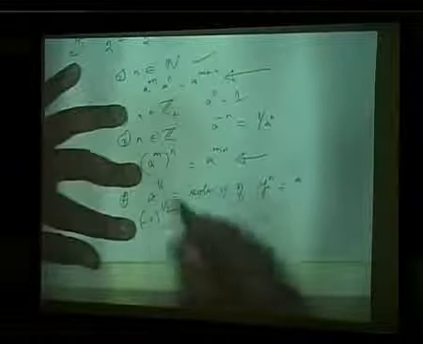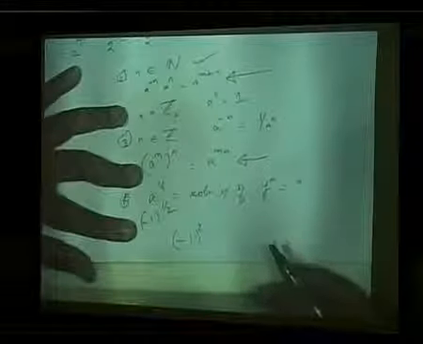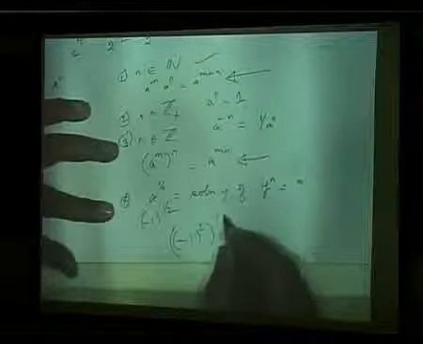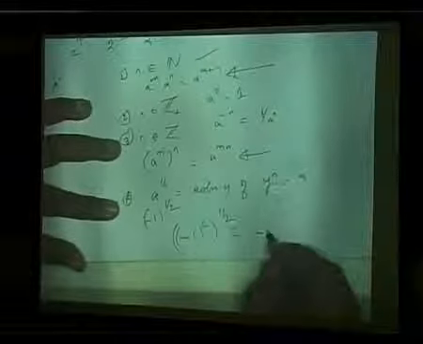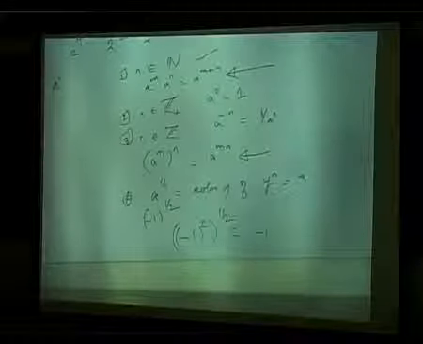See, for example, if you wanted to apply this for negative numbers, you would expect minus 1 squared, which is a perfectly good number. You can make sense of minus 1 squared. But then you would expect this to be equal to minus 1, right?